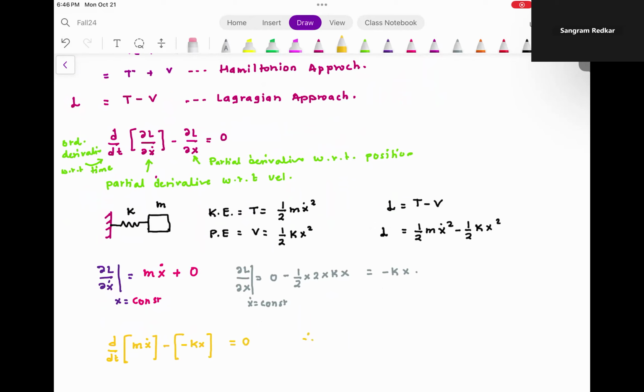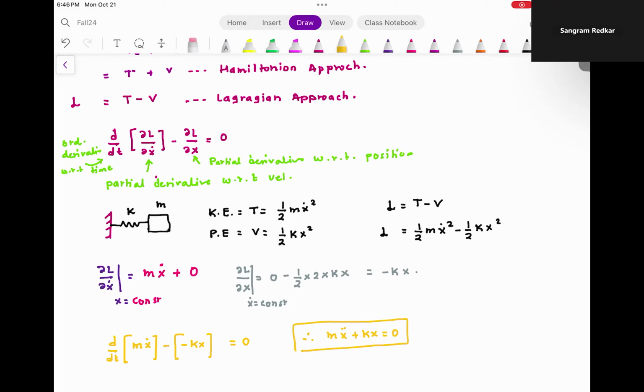So I have this expression as m x double dot plus kx is equal to 0. Do you agree with me? This is the same equation that we got when we tried to solve using Newton's approach or Hamiltonian approach. Everyone understood this?